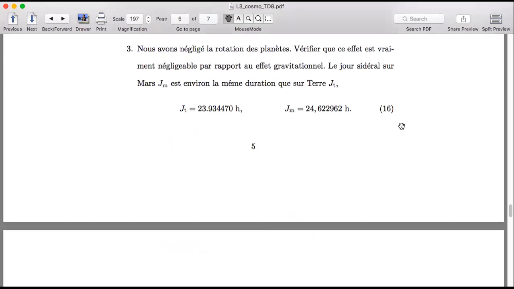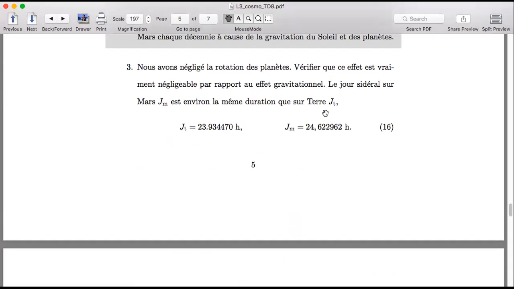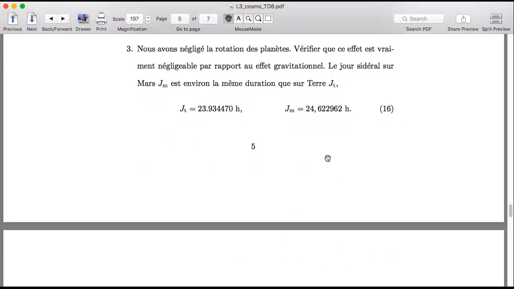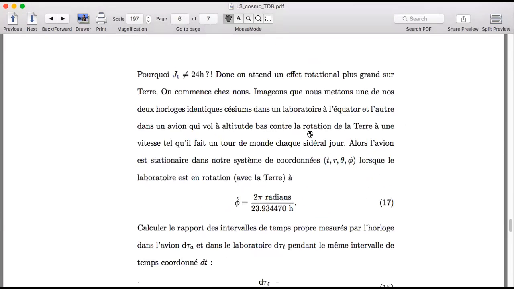I wrote out this question in detail the way I wanted you to think about it. I told you, let's imagine we have 2 clocks, one in an airplane that's flying around the Earth in such a way that it would be stationary in this Schwarzschild coordinate system.